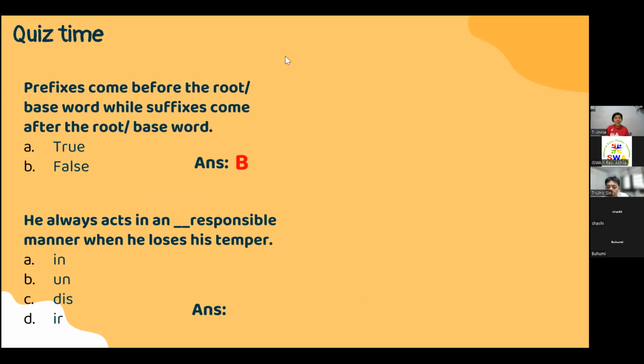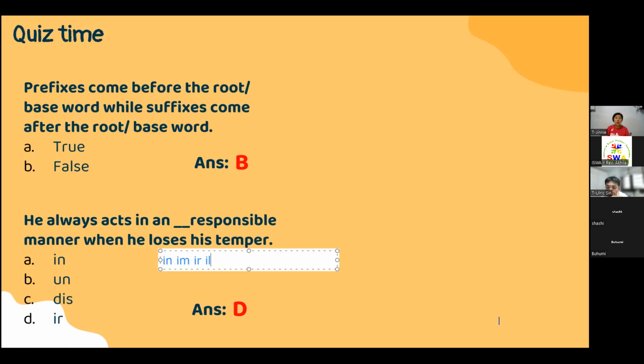Buhumi tried irresponsible, almost there. Because Buhumi did not attend the lesson when I was teaching, the answer is actually D, irresponsible. Let me just type it. Im, in, ir and il all have the same meaning, but they are used interchangeably.